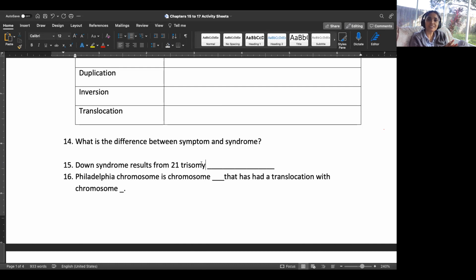That's how important genes are. We can't underestimate a tiny molecule being extra. Even one molecule will make a difference. That is sickle cell disease.